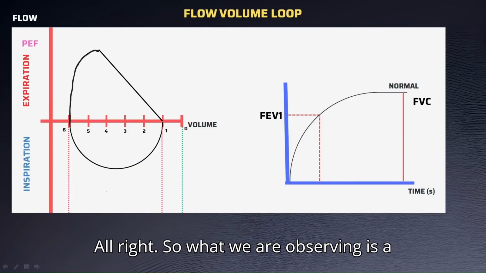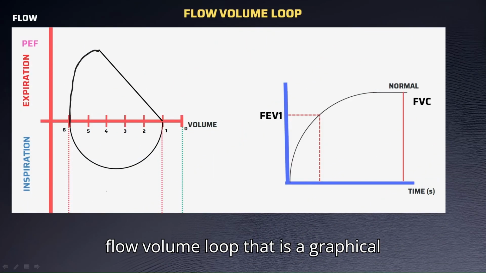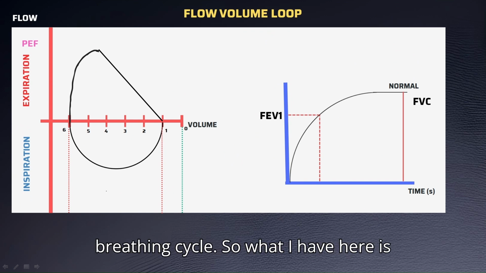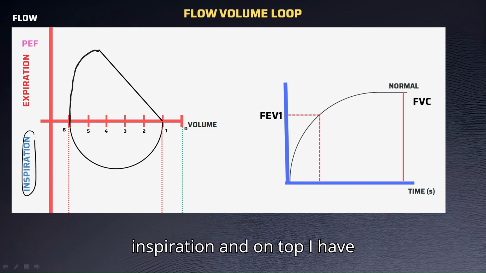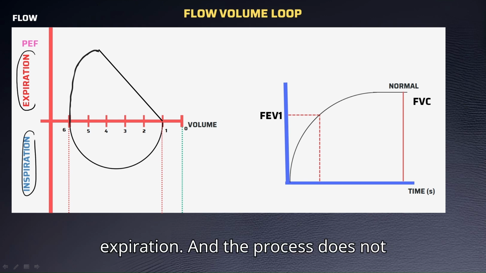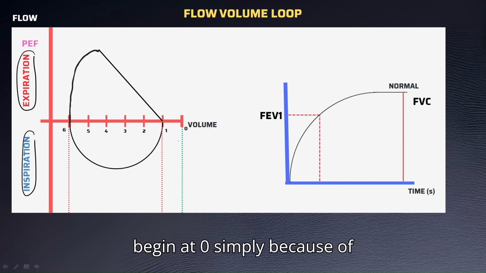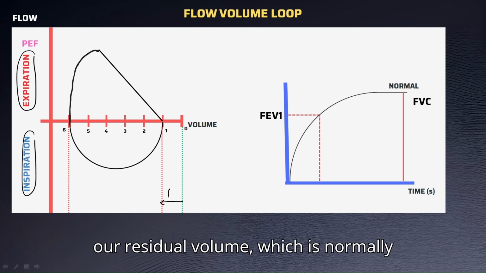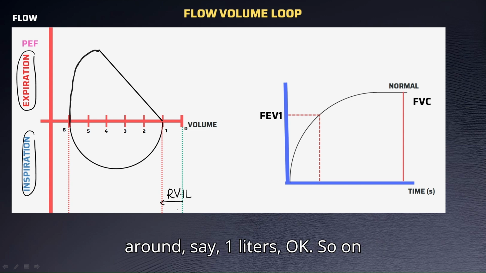All right, so what we are observing is a flow volume loop that is a graphical representation of airflow during the breathing cycle. So what I have here is inspiration, and on top I have expiration. And the process does not begin at 0 simply because of residual volume. So from 0 all the way to 1, we're going to have our residual volume, which is normally around, say, 1 liter. Okay.